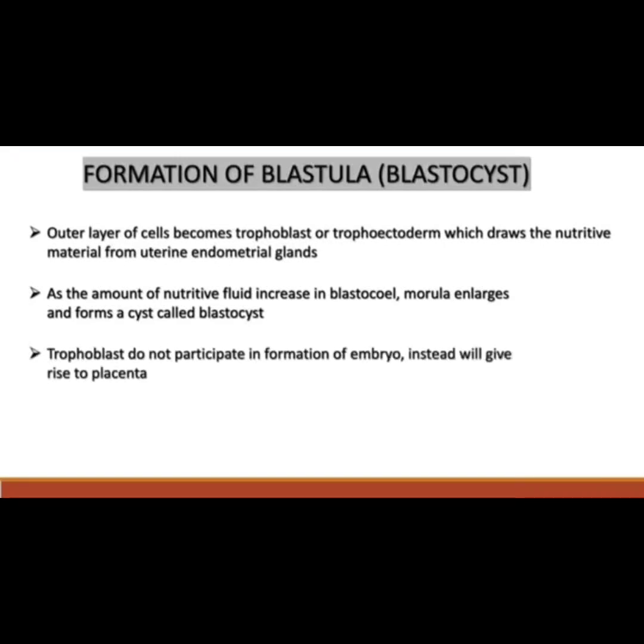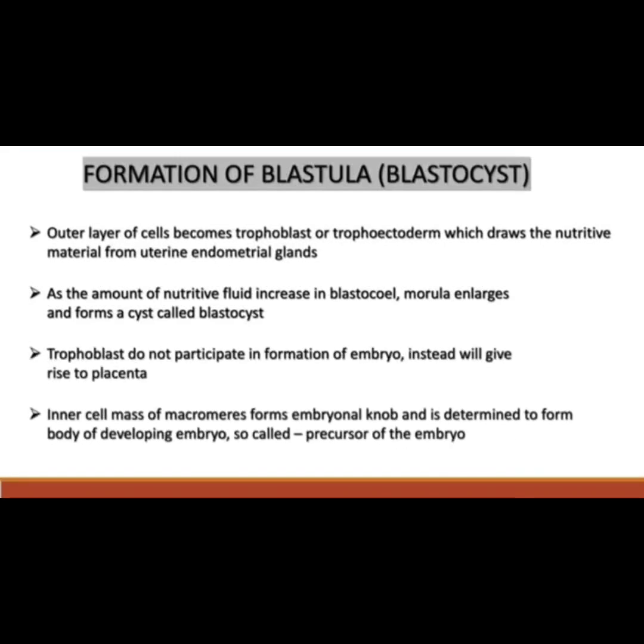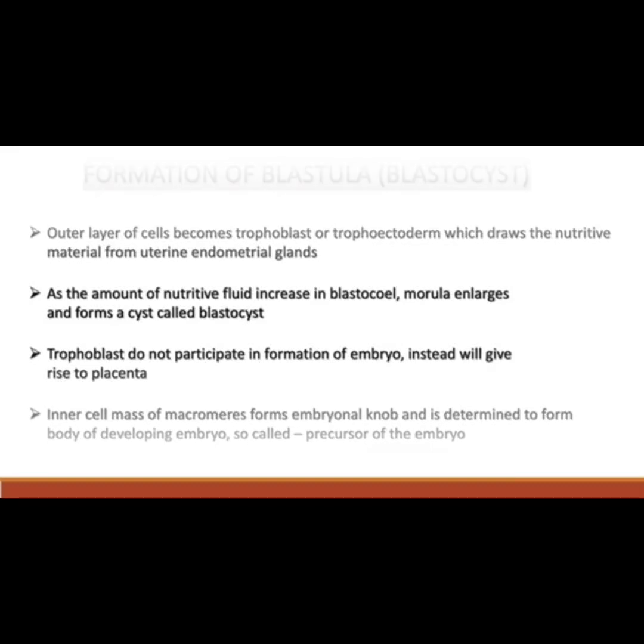The cells of the trophoblast do not participate in the formation of the embryo. The inner cell mass of macromeres forms a knob at one side of the trophoblast and is primarily determined to form the body of the developing embryo, so it is called the precursor of the embryo.